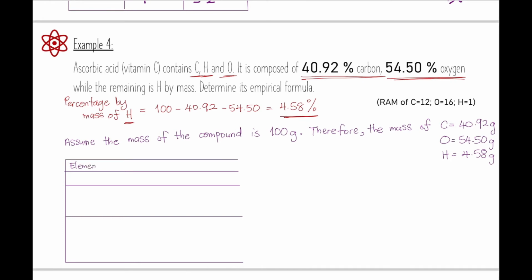As usual, construct the table containing elements, mass, mole and ratio, and then fill in all the data from the question, calculate the number of mole, and finally calculate the ratio by determining the smallest number of mole as the denominator.